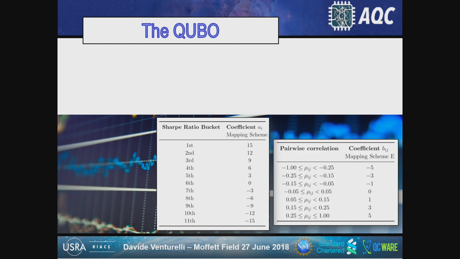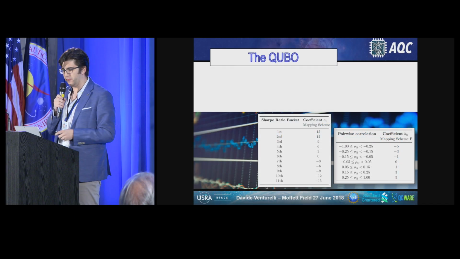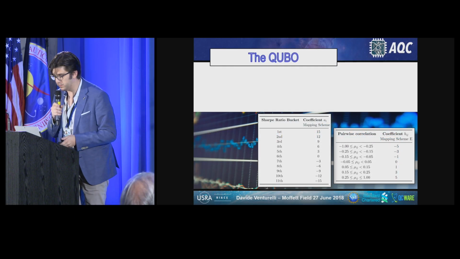The QUBO, as I mentioned, is obtained from real financial data, but instead of using the real values of the coefficients that would be derived through the Markowitz portfolio optimization theory, you bucket the values into coarse-grained integers, where essentially you assign a linear coefficient from -15 to +15.